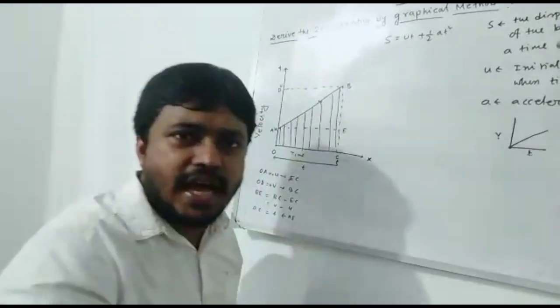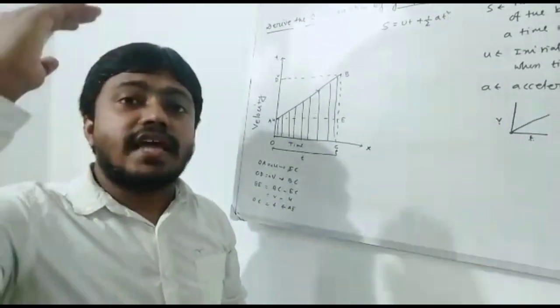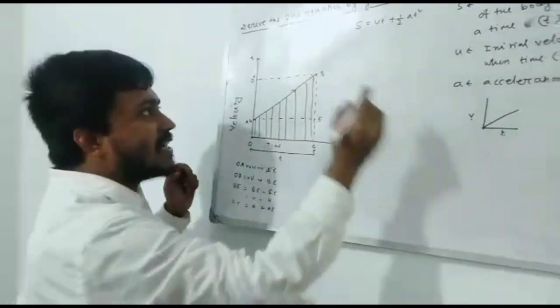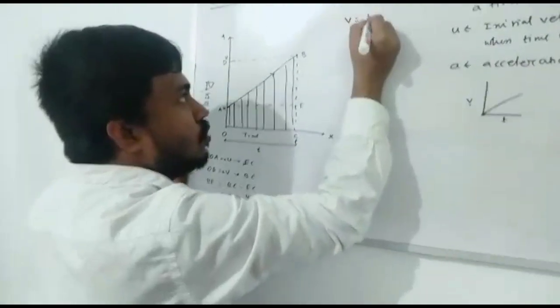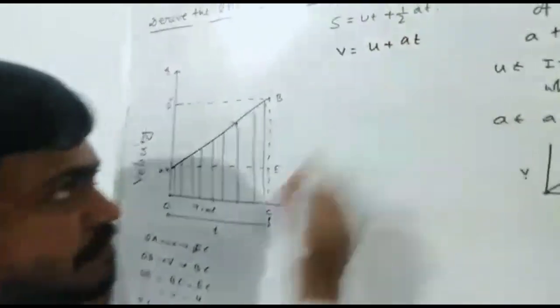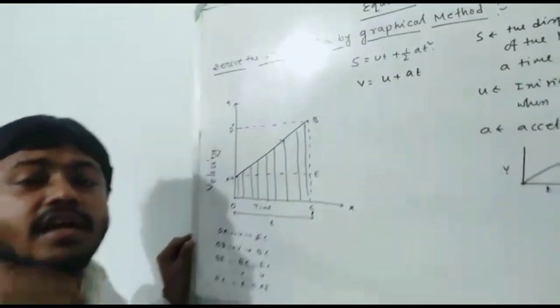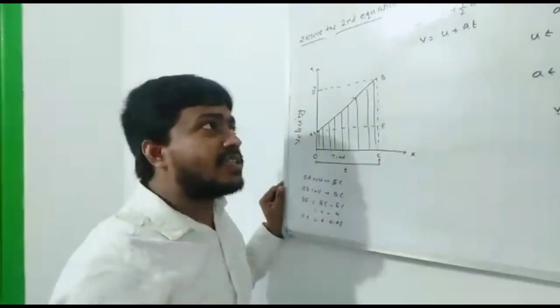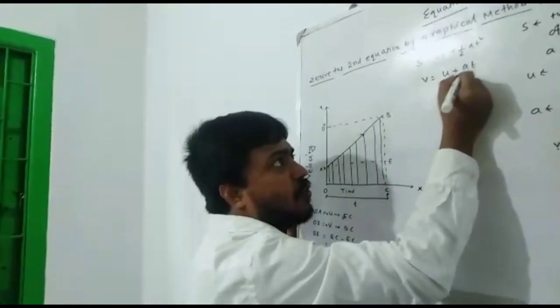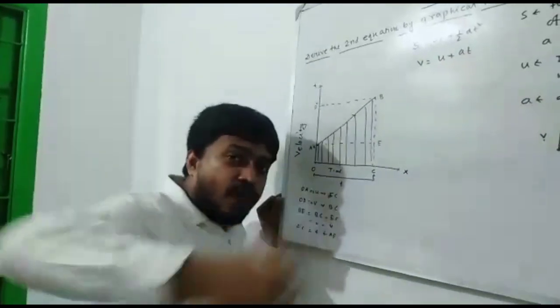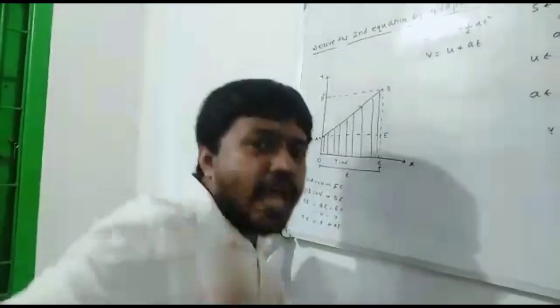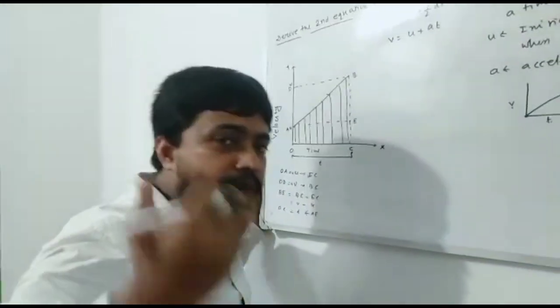In my previous class, we derived the first equation of motion, that is v equal to u plus at. And at that time we found the slope of the graph, because this equation contains only v, u and a. And when you want to find the value of a from the velocity time graph, what is your approach?